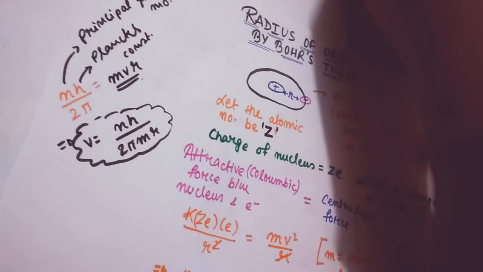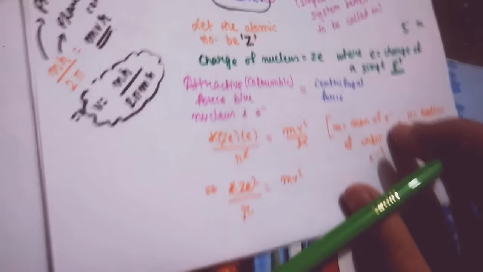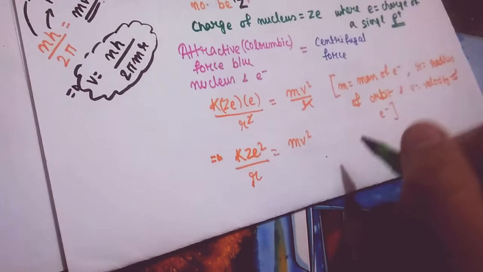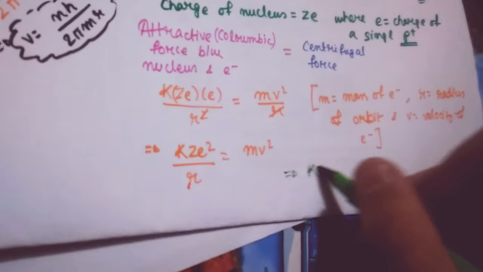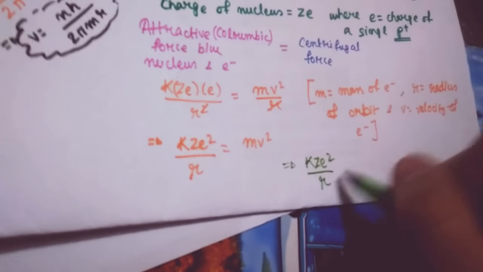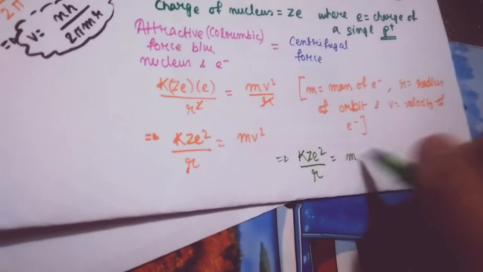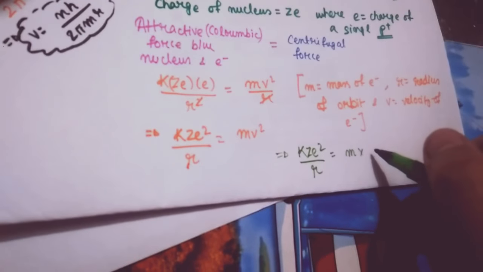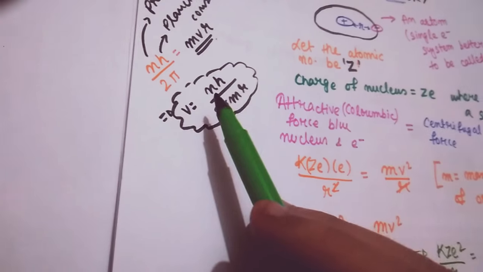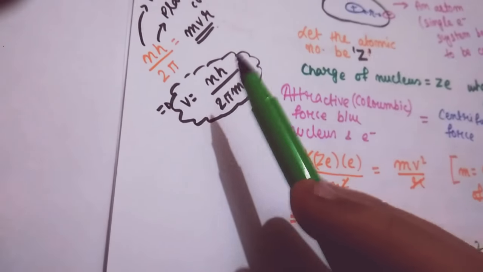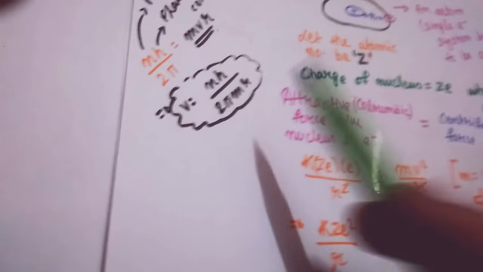On putting the value, for mv squared we can write that kZe squared divided by r is equal to m multiplied with v squared. This means the whole thing squared, so v squared is equal to n squared h squared divided by 4 pi squared m squared r squared.